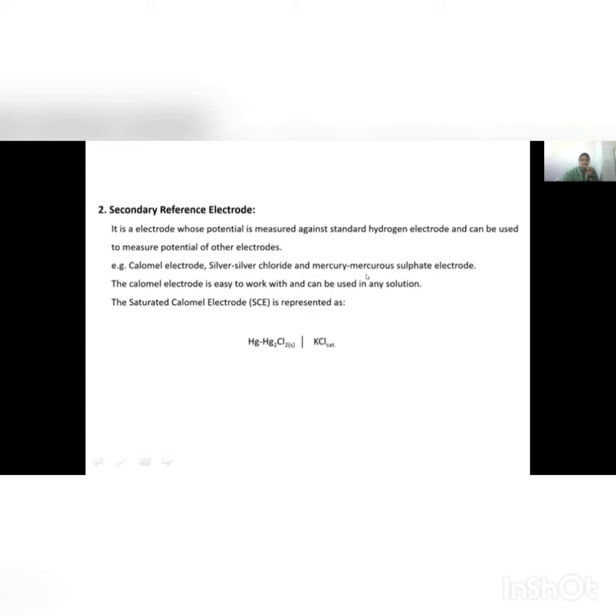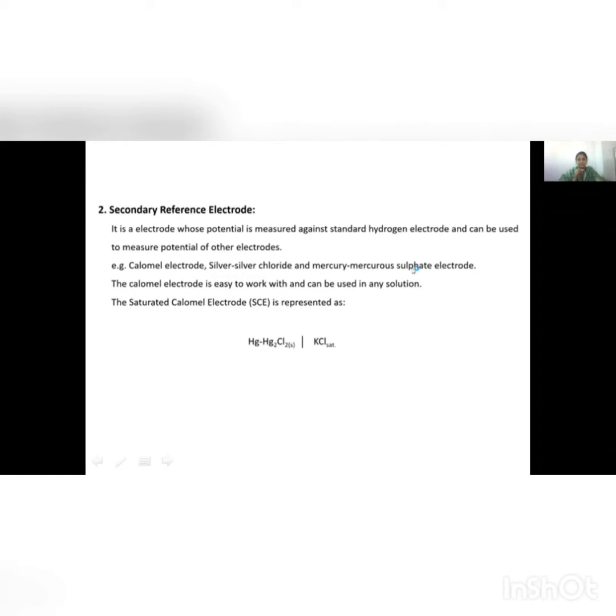And the next topic is the secondary reference electrode. So what is a secondary reference electrode? First of all, the metal insoluble salt electrode. What is a metal insoluble salt electrode? Here the metal is in contact with its own salt, which is sparingly soluble or insoluble.